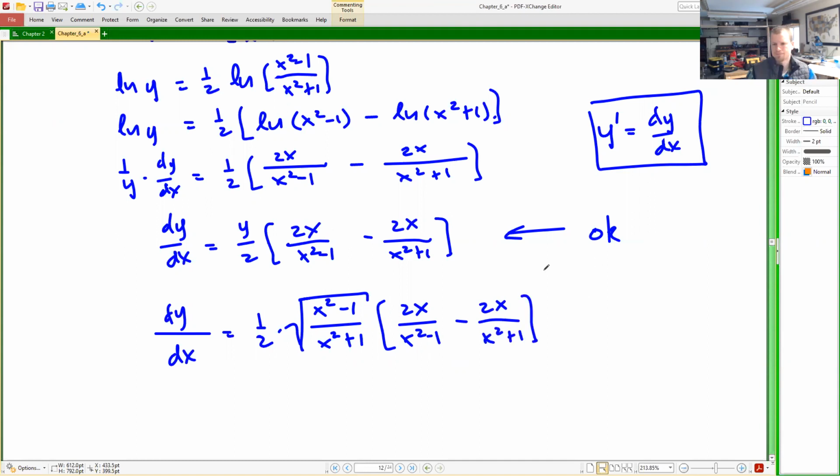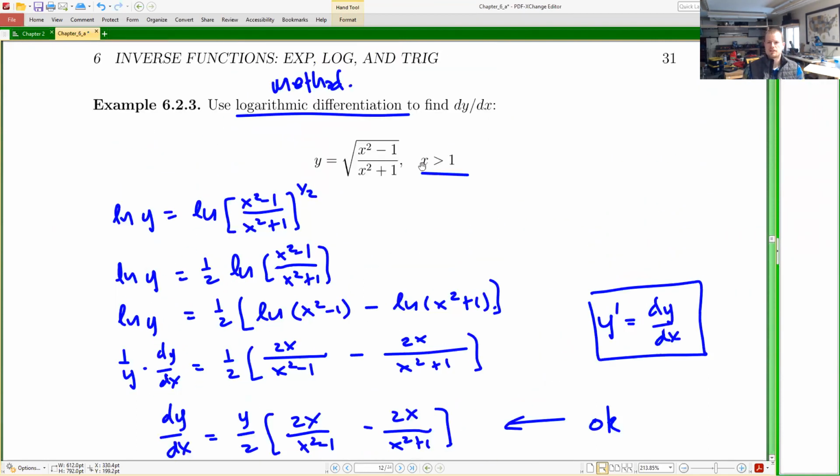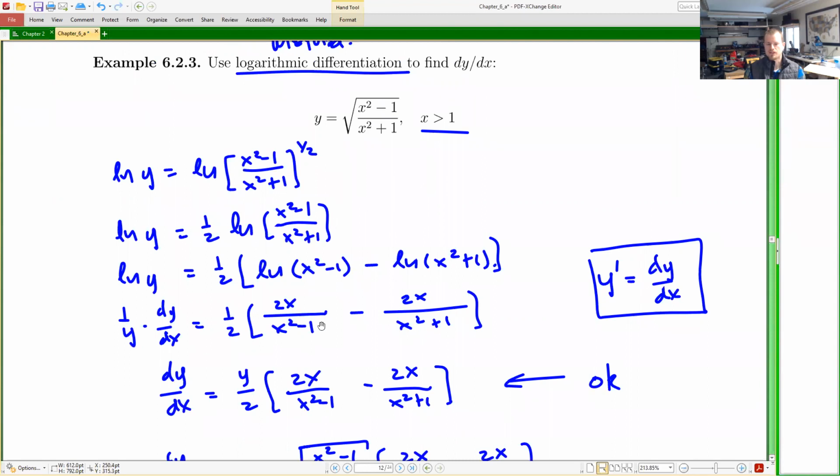And that's it. So now I've taken this differentiation that would have required, again, the chain rule followed by the quotient rule and reduced it to just multiple applications of the derivative of the logarithm.